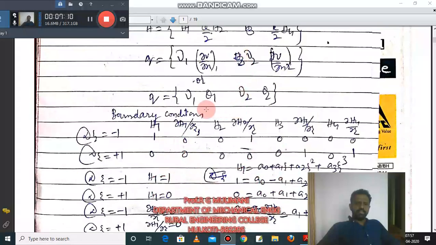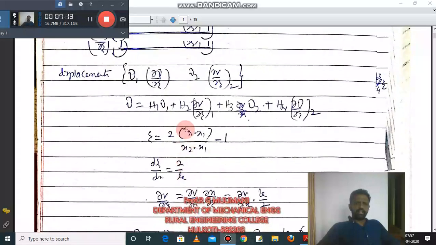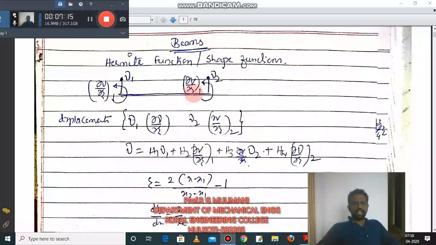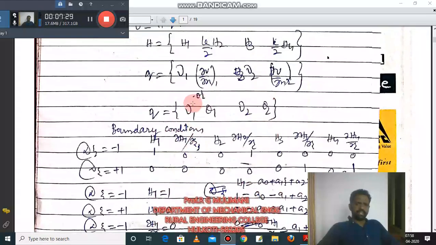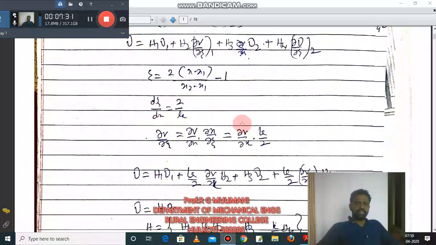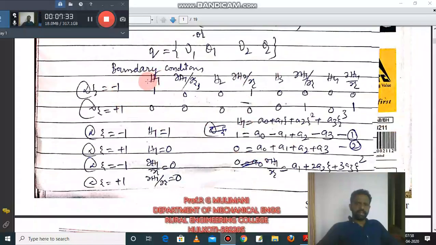Now the boundary conditions. We know this is a beam element. At node 1 there are two displacements, vertical displacement and slope. Let us take the vertical displacement v1 equal to 1. This is the first boundary condition, related to the vertical displacement at node 1.